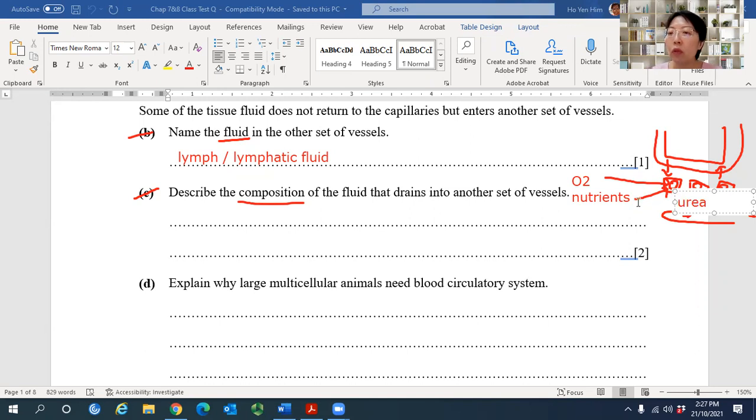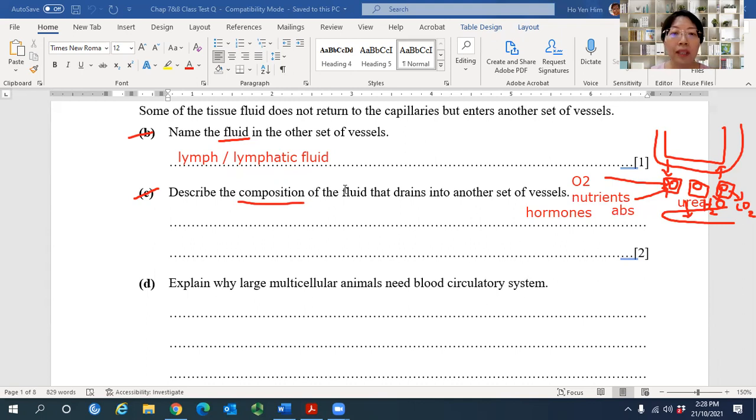So urea will be produced, which is a waste material. Then there could be some white blood cells that will secrete antibodies. And if it's tissue in an endocrine gland, they can be secreting hormones. So these are the things that are secreted into the tissue fluid.